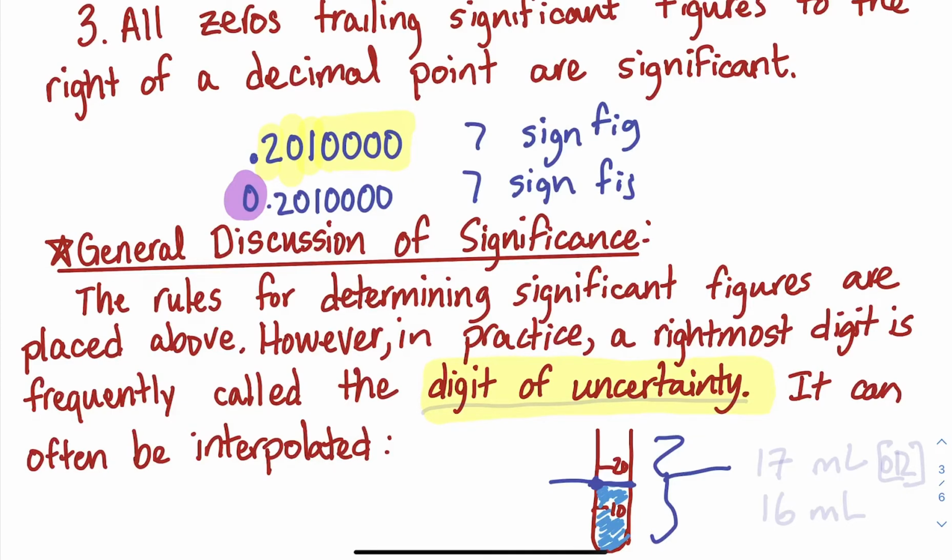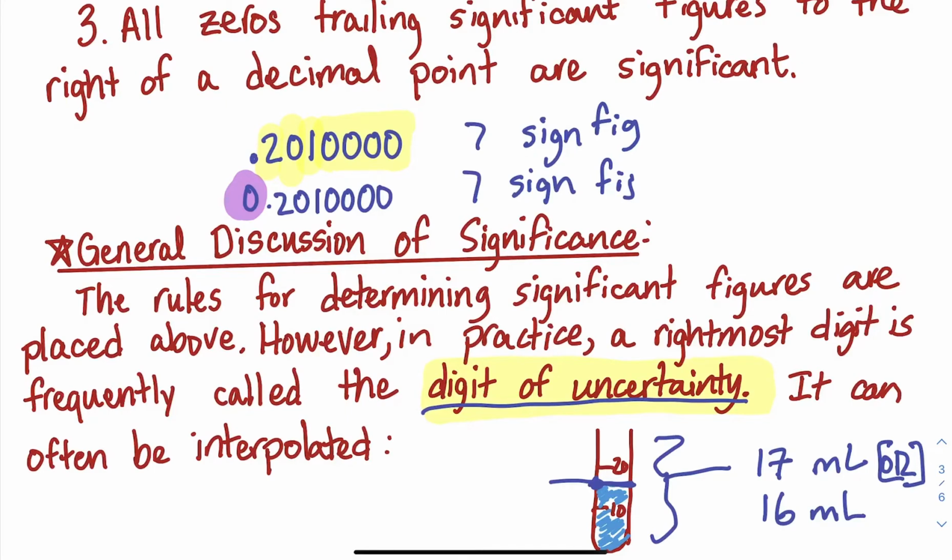And based off the eye test, I would say a value of 17 or 16, let's say this is in milliliters, might be a good guess. So either one of these numbers would be a good guess. And you can see how we're not certain if it's a 6 or 7, hence the name, the digit of uncertainty.